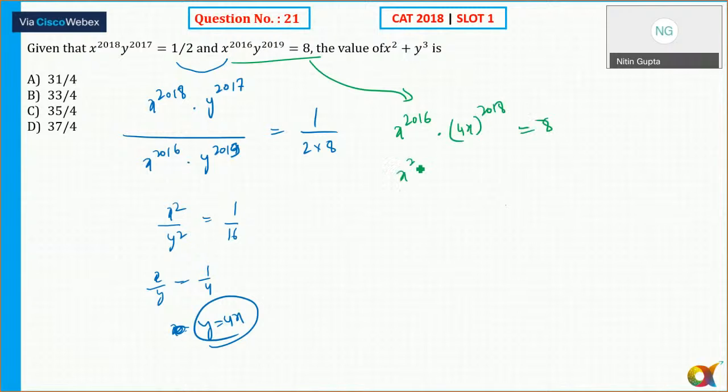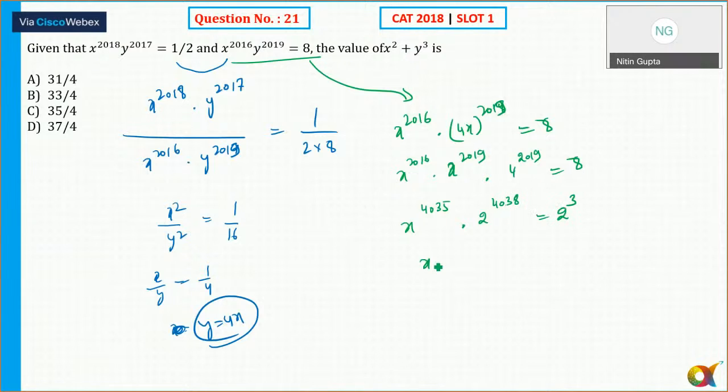So x raised to power 2016 into y is equal to x raised to power 2019. X raised to power 2016 into 4 raised to power 2019 is equal to 8. So x raised to power 2016 plus 2019, that is 4035, into 4 raised to power 2019, which is 2 raised to power 4038, is equal to 2 cube.